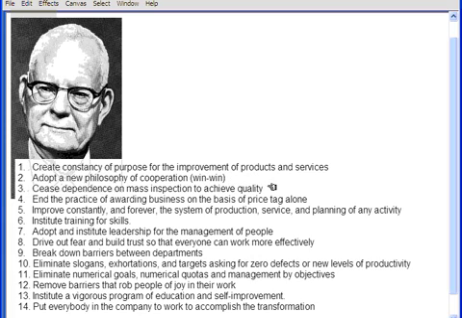Thirdly, you want to cease dependence upon the mass inspection of your products or your services to get quality control. Instead, you want to improve the process and build quality into the product from the get-go. Fourth, you want to stop awarding business just on the basis of price or cost.